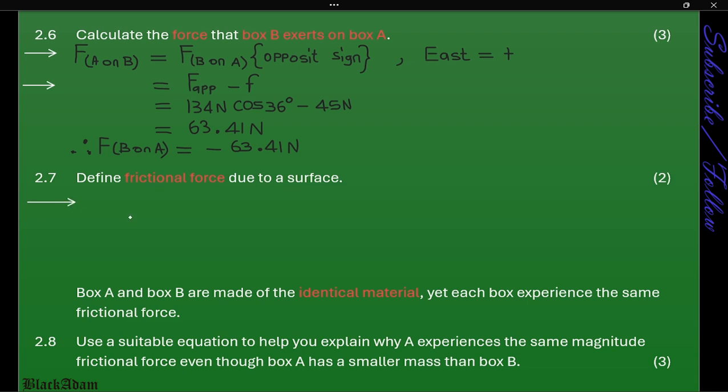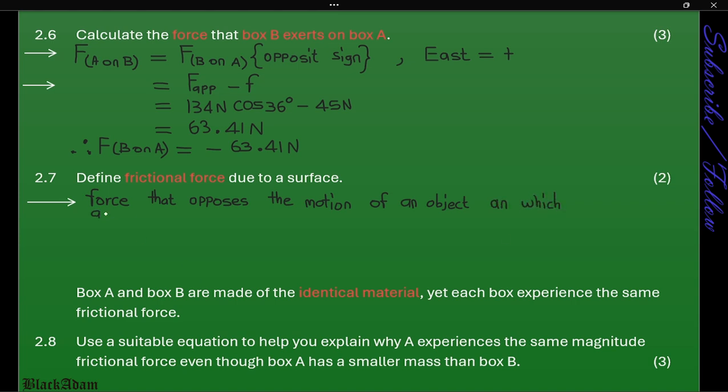Now, the frictional force due to the surface is the force that opposes motion, the movement. And opposing movement is not a bad thing. Like in a car, for example, when the car gets into contact with the surface of the road, that resistance of the road is what makes the car move.